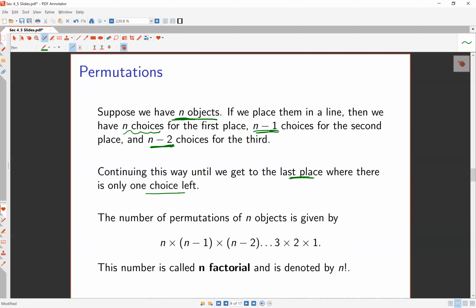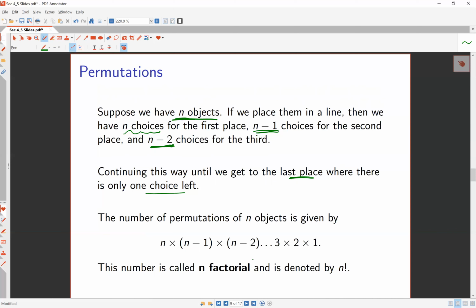So by the basic multiplication rule, we can now find the number of permutations by just multiplying the number of options we had for each position in our lineup. So n times n-1 times n-2 all the way to 1. That's the total number of permutations.